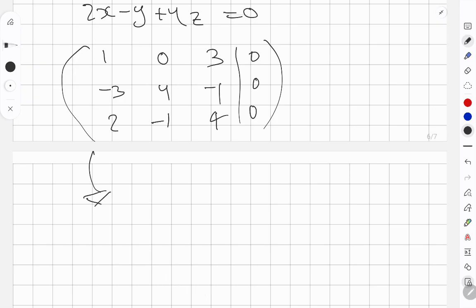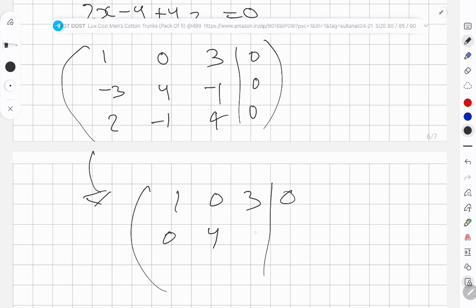So we have to do the Gaussian elimination. You can multiply by 3 and add it over here: 0, 4, and if you multiply 3 it is 9 minus 1, 8.